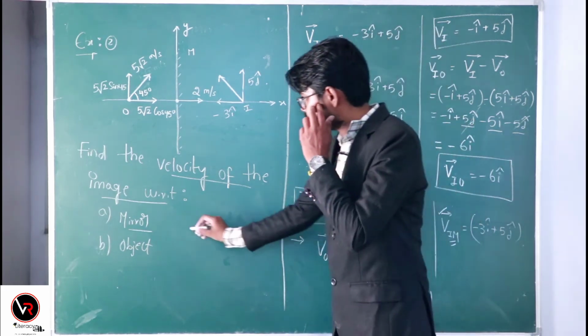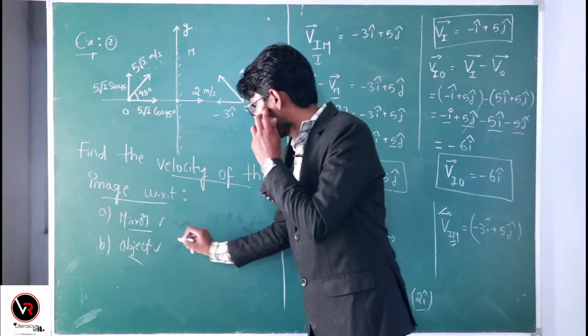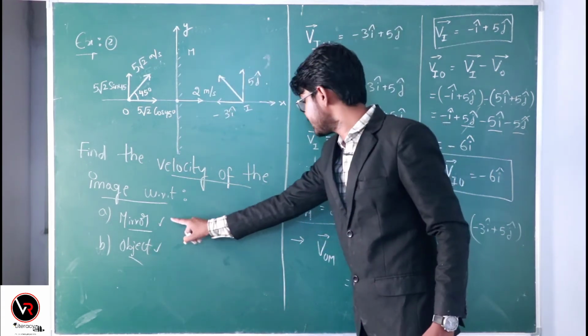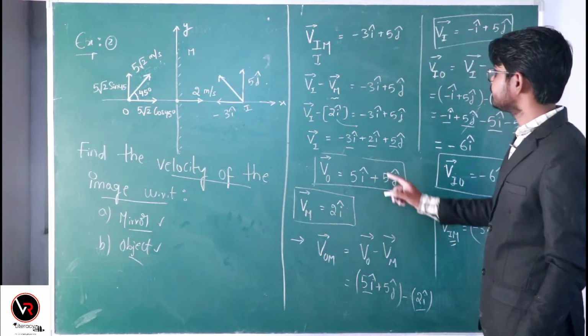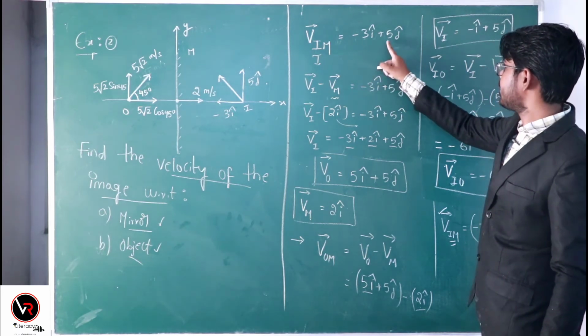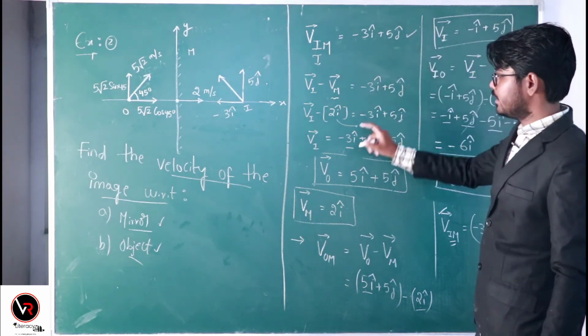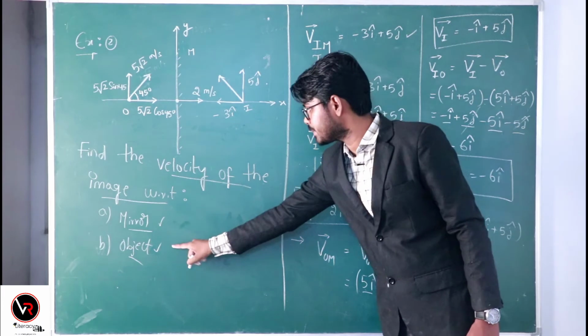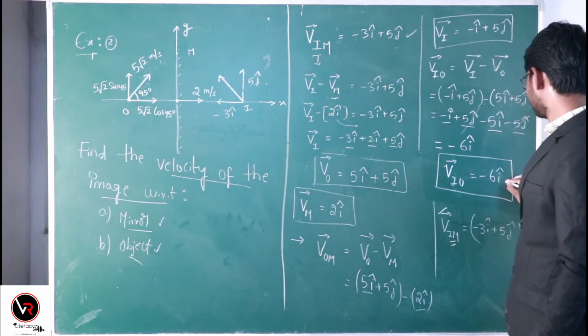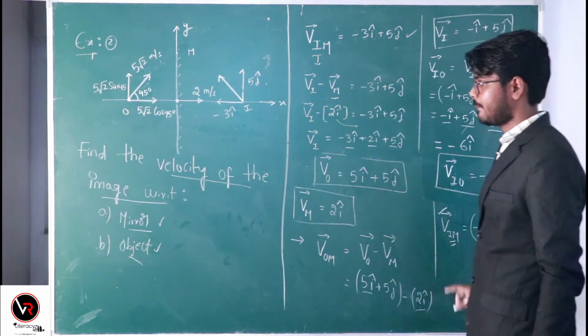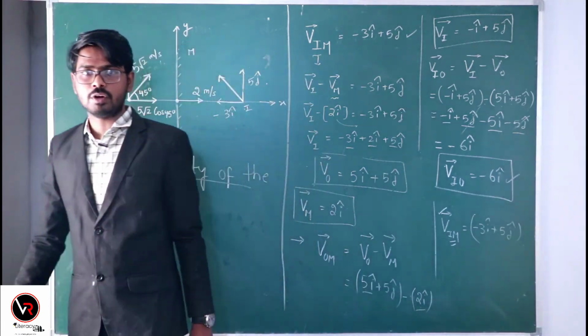So we found out the first one, also we found out the second one. The velocity of image with respect to mirror is minus 3 i cap plus 5 j cap. The velocity of the image with respect to object is minus 6 i cap. So I hope you understood this example.